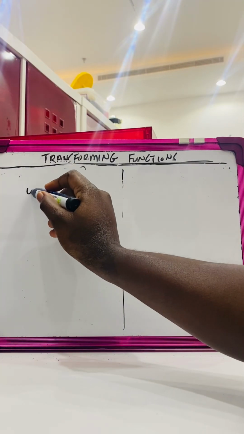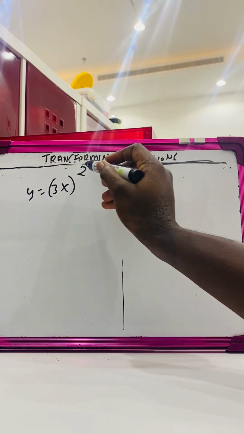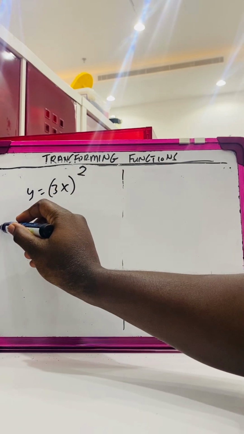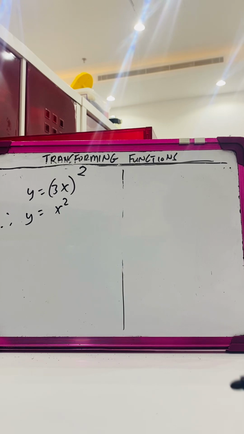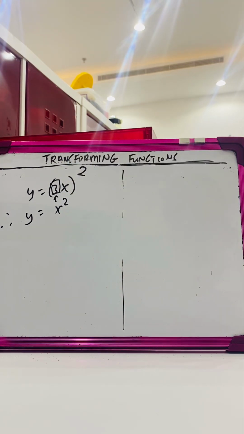So if I have y is 3x all squared, and I want to check the transformations here, yes, again I have to compare this to the parent function. What has been the transformation? Just this. So again, we will do opposite whatever we are seeing.